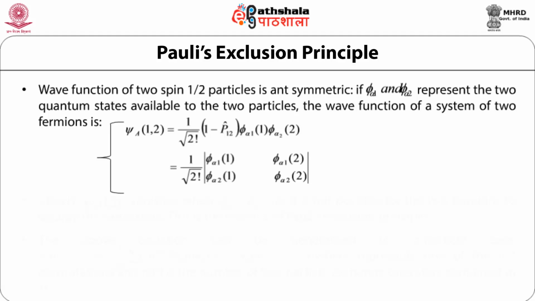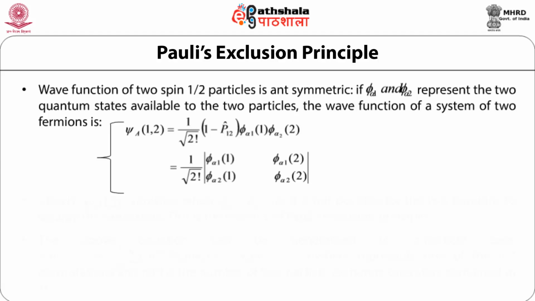So, if the wave functions phi_alpha1 and phi_alpha2 represent the two quantum states that are available to these two fermions having spin half, then the wave function of the system of these two fermions can be written as the antisymmetric wave function psi_A(1,2) equal to 1 upon root 2 factorial times (1 minus permutation operator P_12) times phi_alpha1(1) phi_alpha2(2).